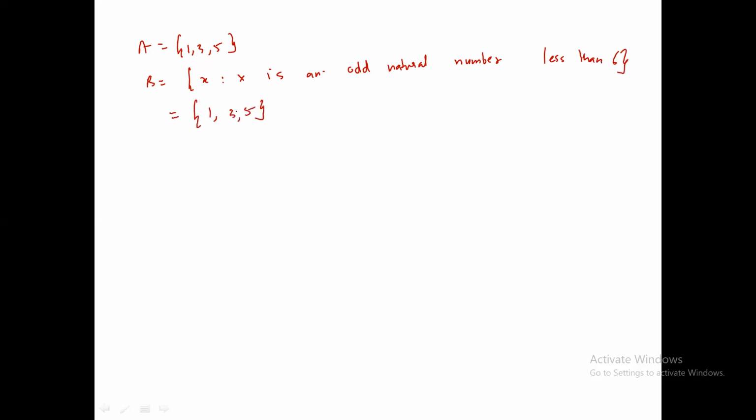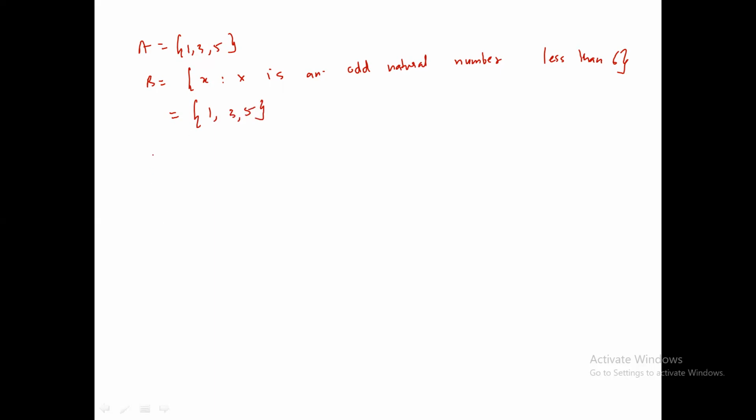Let us take one more example. Suppose A is having 1, 3, 5 and the set B is having x such that x is an odd natural number less than 6. So odd numbers which are less than 6, 1, 3, 5, only these you can take.